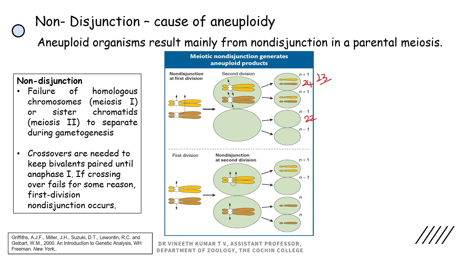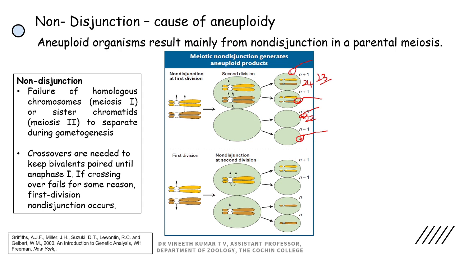So we'll take a hypothetical situation. I am going to consider these as eggs, and consider that all these eggs are fertilized by a normal sperm, which means the sperm will be normal with n chromosomes.